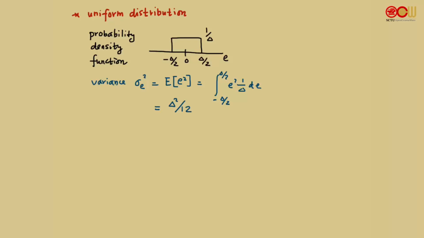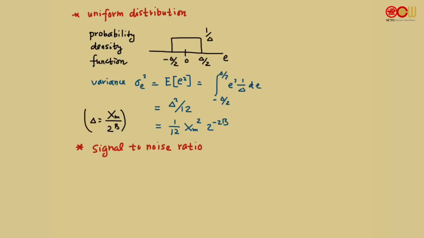And remember from previous discussion, delta is equal to Xm over 2 to the B. So if we plug in this relation, what we get is 1 over 12 Xm squared times 2 to the minus 2B. Now that we have the variance of the quantization error, the noise variance, we can compute the signal to noise ratio, SNR.